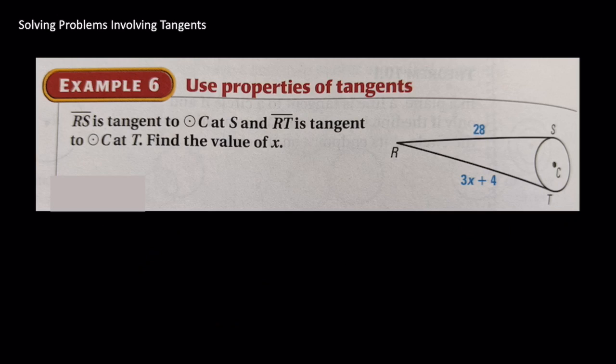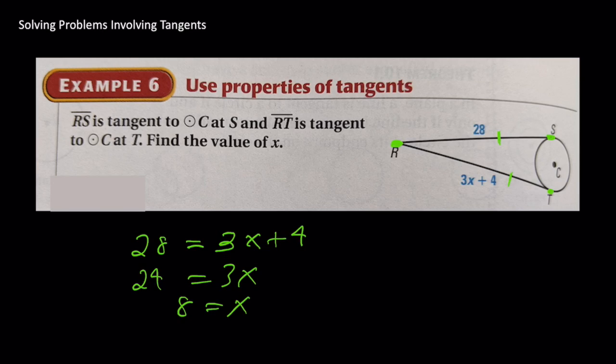And so it says RS is a tangent to circle C at S, and RT is a tangent to circle C at T. So we know that RT is a tangent and RS is a tangent, and they start from the same point. So we know that this is congruent to that, and so we know that 28 is the same as 3x plus 4. And so we can subtract 4 from both sides. 24 equals 3x. We can divide by 3, and we know that x is 8.